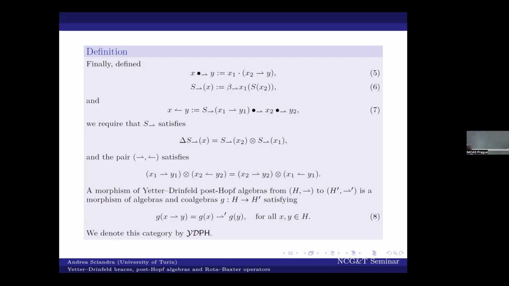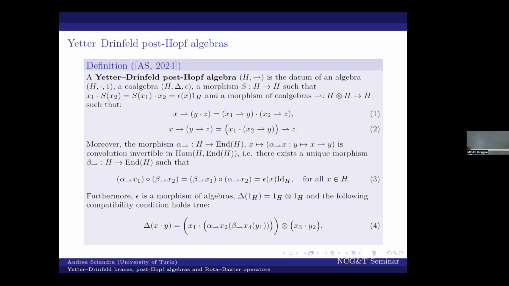Moreover, if we go back here, you see that if the starting algebra is cocommutative, we can change x4 with x3, and then we can use this compatibility condition, and so we obtain the standard multiplicativity condition. So under cocommutativity, this delta becomes a morphism of algebras.